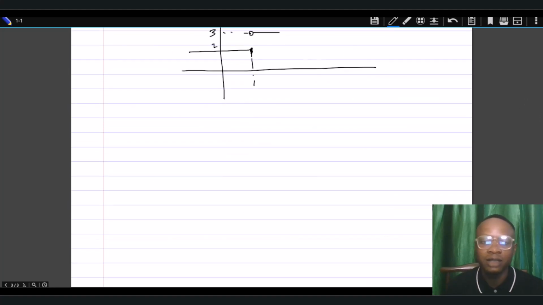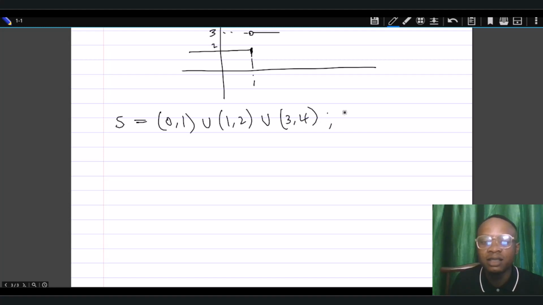So let's write that set out again. We have the set S here, which is [0, 1] union [1, 2] union [3, 4]. And then we have the set T, which is equal to {0, 1, 2, 3}.